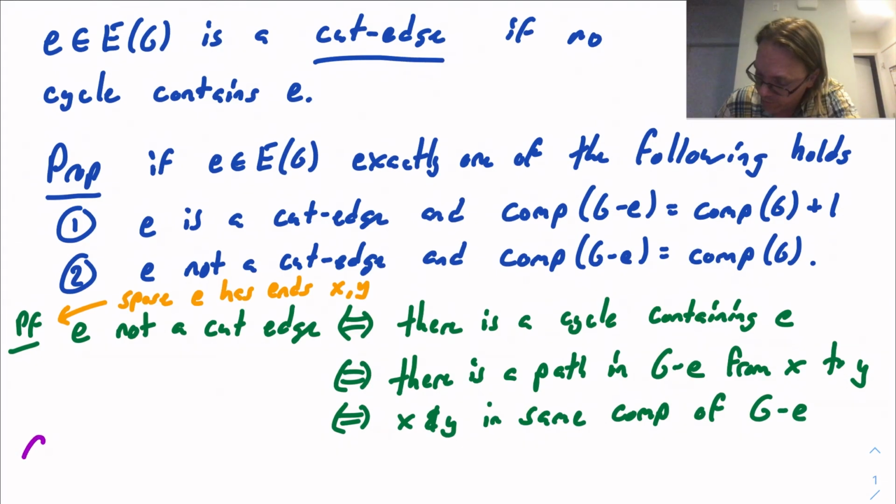So I'm going to draw the graph G delete E here. And there are two cases. Case one here is E is a cut edge.